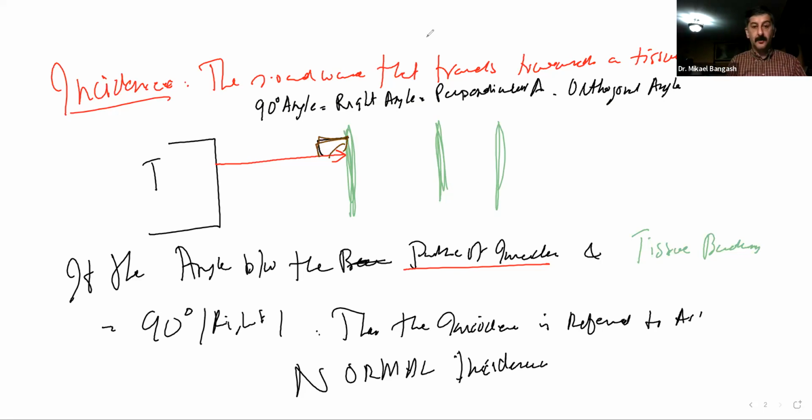So if you are asked what you mean by normal incidence, it is when the angle between your incidence and the tissue boundary is a 90-degree angle. Or you can say, an incidence that hits the tissue boundary at a 90-degree angle is going to be referred to as a normal incidence.